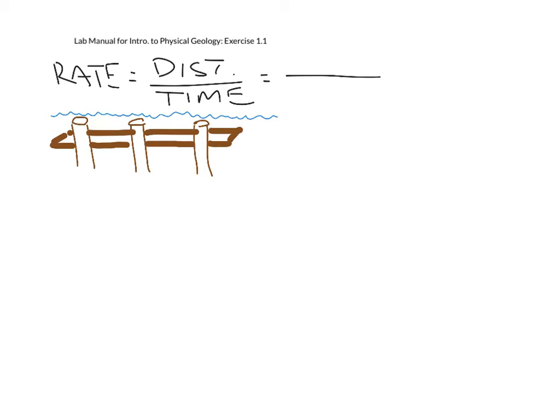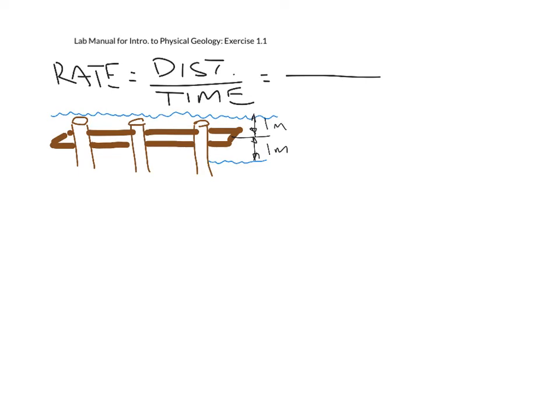So back in 1715, the pier was 1 meter above sea level. Now, in 2015, it's 1 meter below sea level.